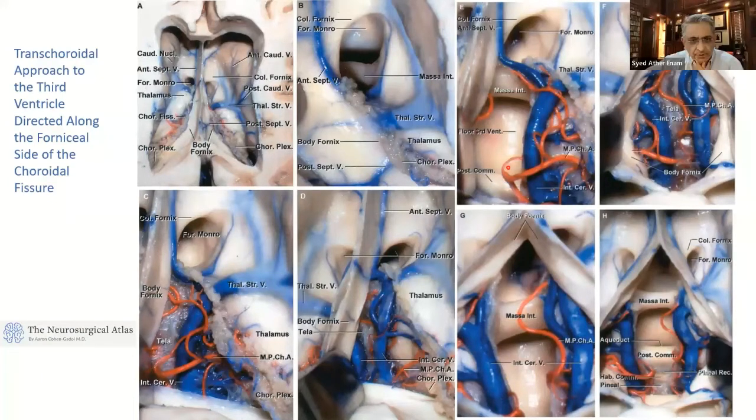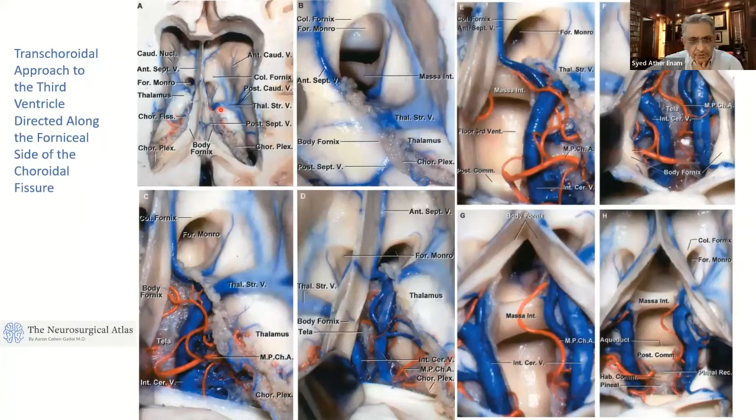So this one, if you look at the anatomy over here, these are shown in different serial steps, basically. So whether it's transcortical, transventricular, or transcallosal, it doesn't matter. You're going to come to the foramen of Monro to orient yourself. So once you come over here, you can see the foramen of Monro.